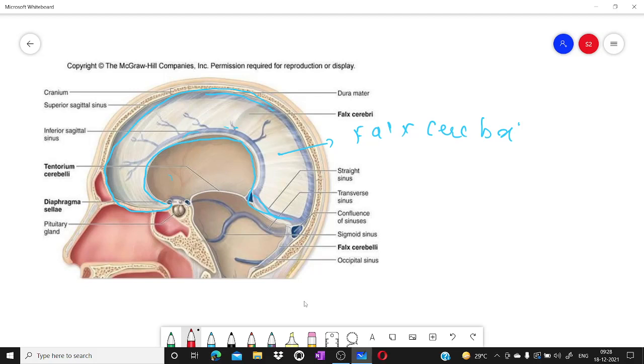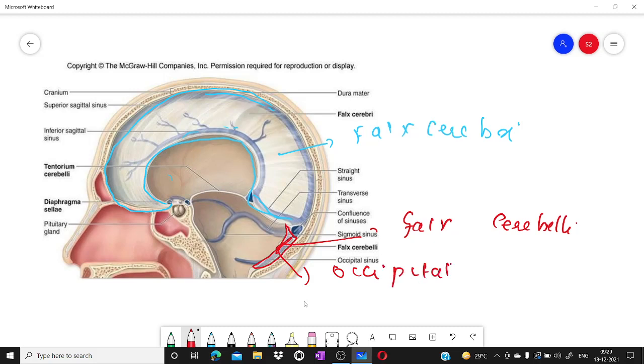This is a small sickle-shaped fold of dura which is dividing the cerebellum, known as the falx cerebelli. Now, the dural sinus which is related to the falx cerebelli, that is the occipital sinus, is seen here. Okay, occipital sinus.